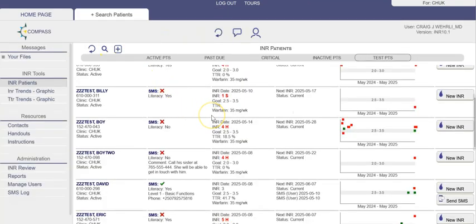The TTR calculations in COMPASS are calculated instantaneously with each INR entry. So whenever we add a new INR, the TTR for that patient is recalculated and is updated to the current date.